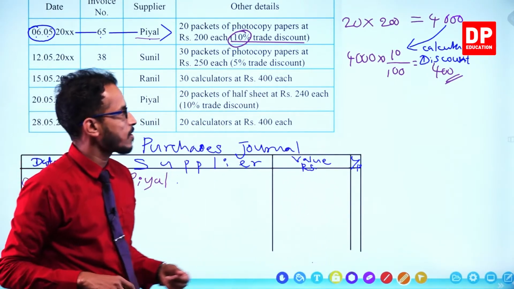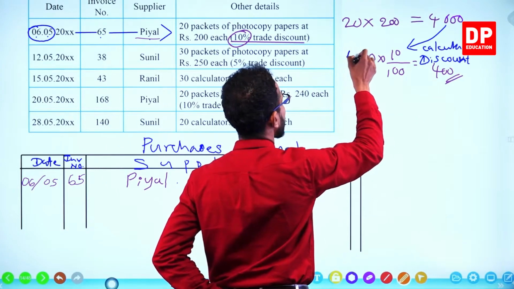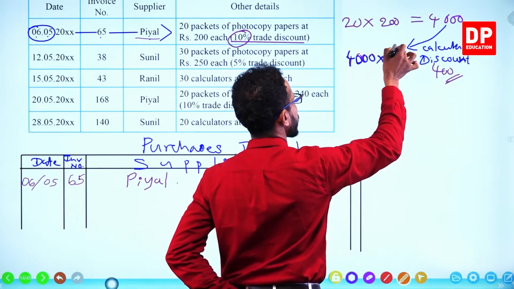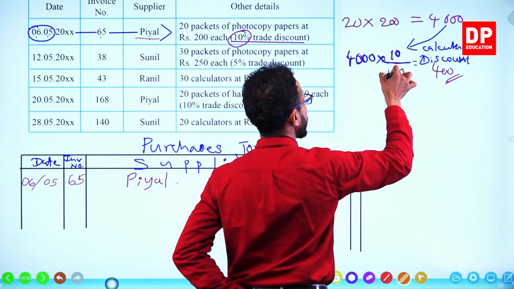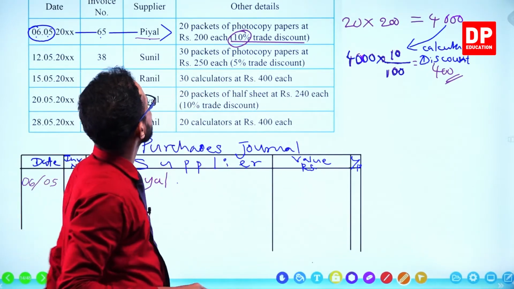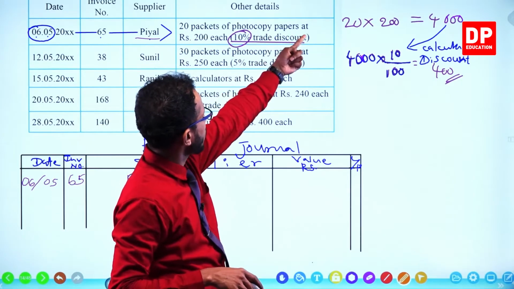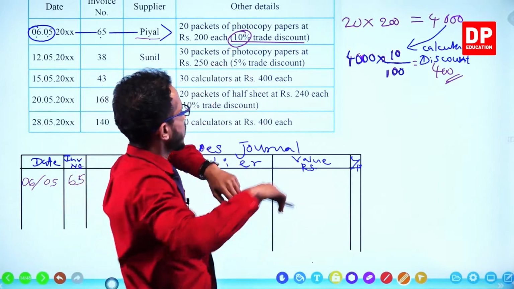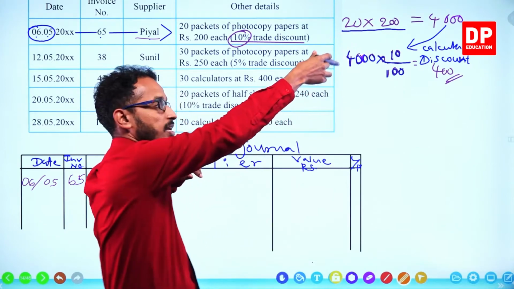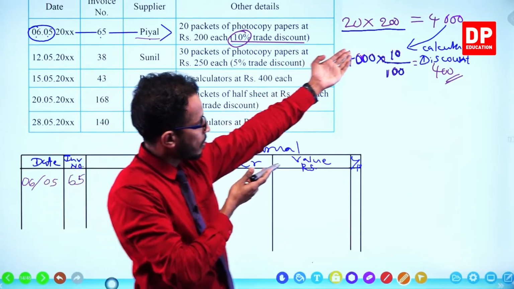Simple calculations, right? 4,000 into 10 over 100. That is the discount, 400. So children, 20 packets of photocopy papers at 200 each. It's gonna cost us 4,000.